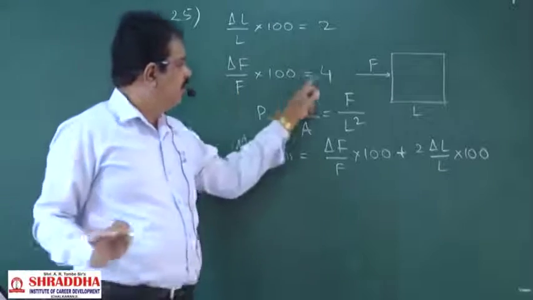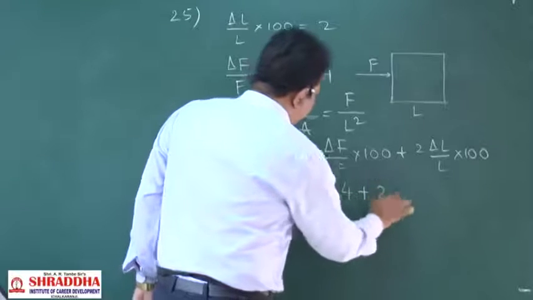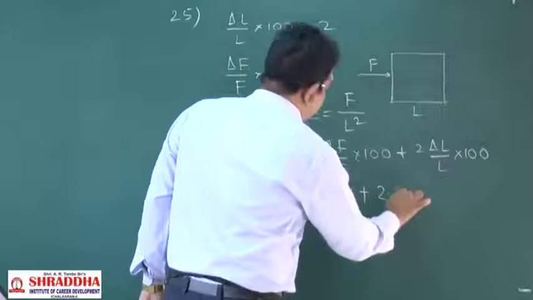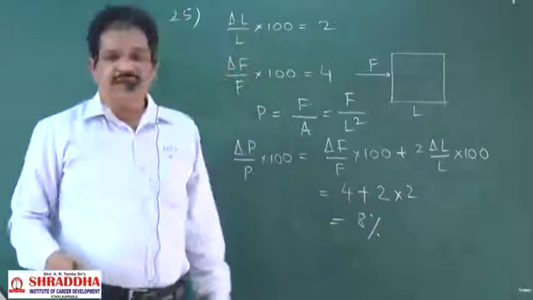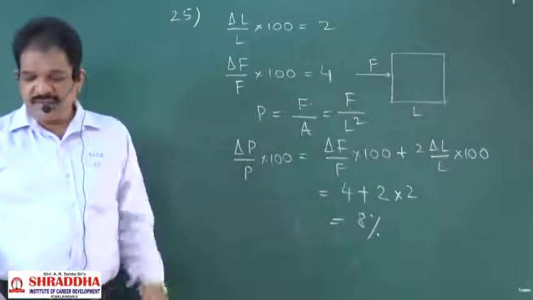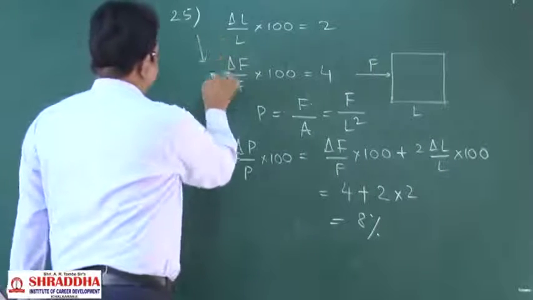Delta F by F into 100 is 4, delta L by L into 100 is 2. So 4 plus 4, 8%. Clear? 25, it will be D.